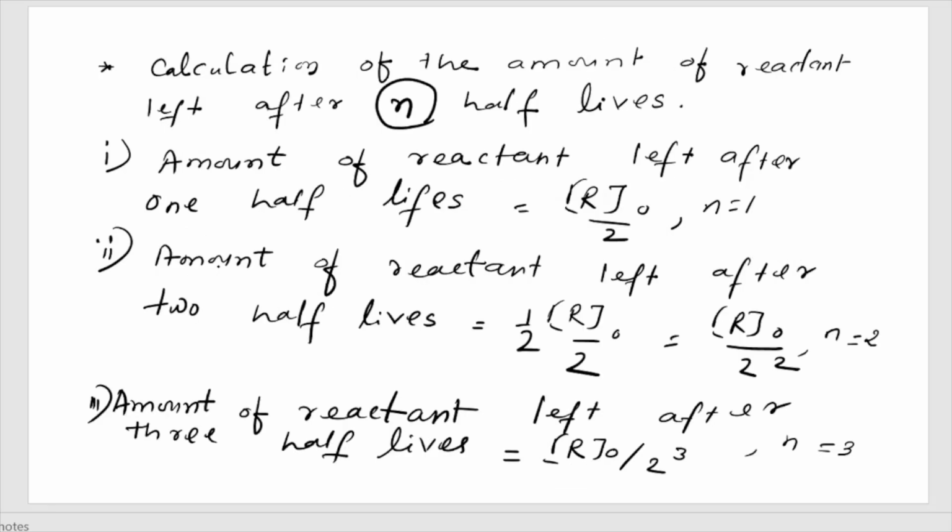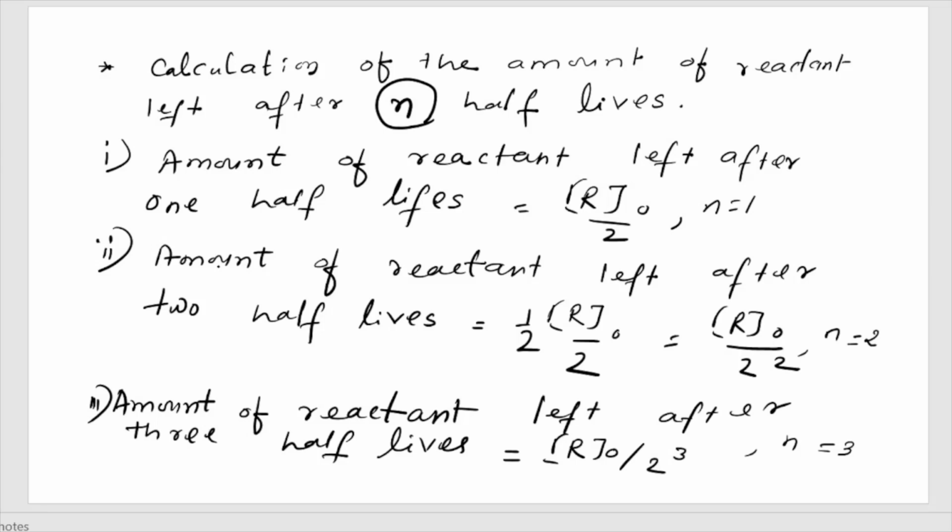Then you will calculate the amount of reactant after n half-lives. Just before, I also told this, and again I am going to the conclusion here. For n equal to 1, n equal to 2, n equal to 3, what is the answer? If n equals 1, the initial concentration divided by 2, and if 2 half-lives, then 2 to the power 2, that means 2 squared.